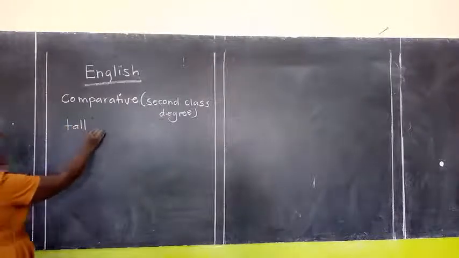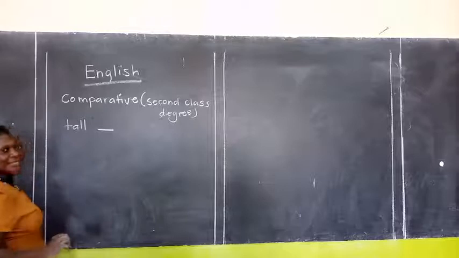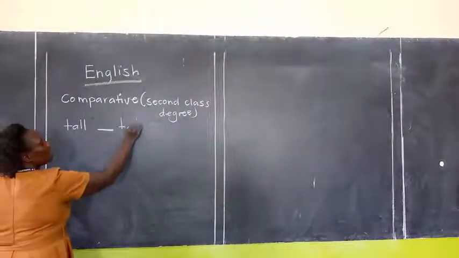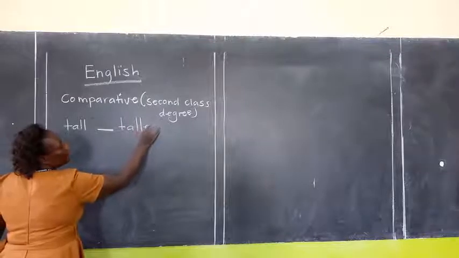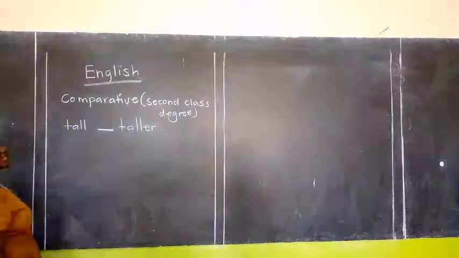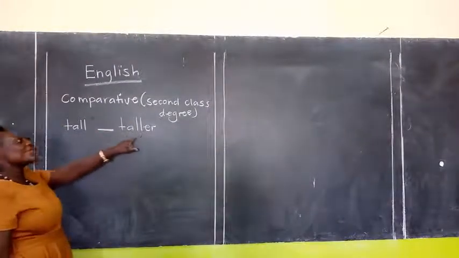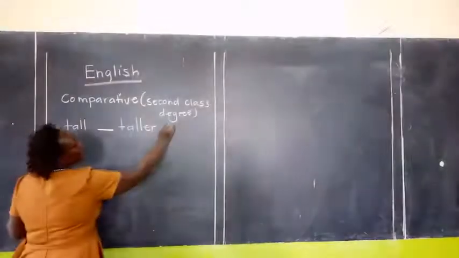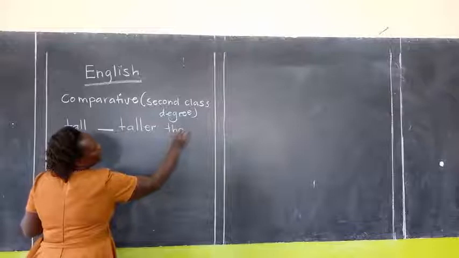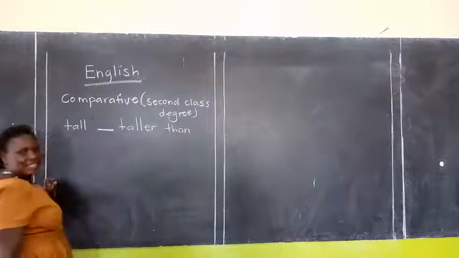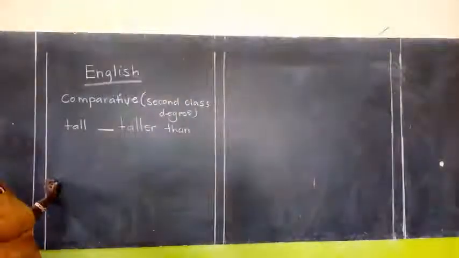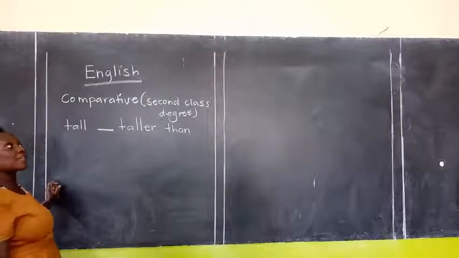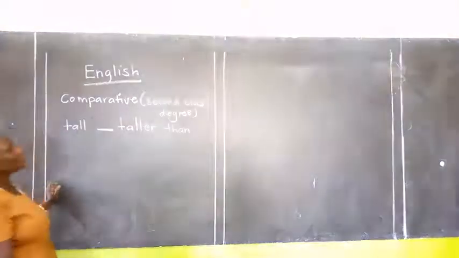Then when it comes to the second class degree, that is the comparative, it changes to taller. And with the second class degree, it is always accompanied with than. Taller than. That than has to be there after the comparative, or after the second class degree.